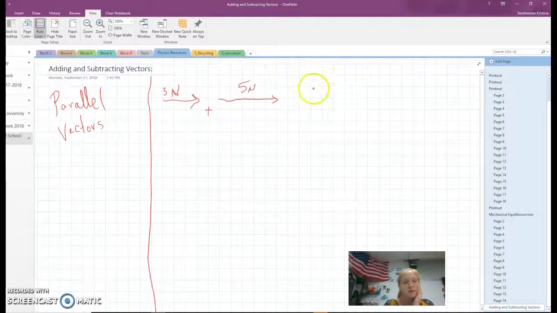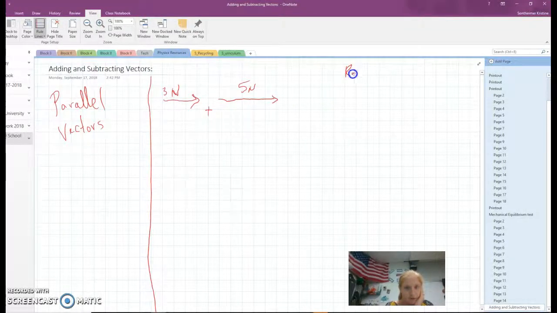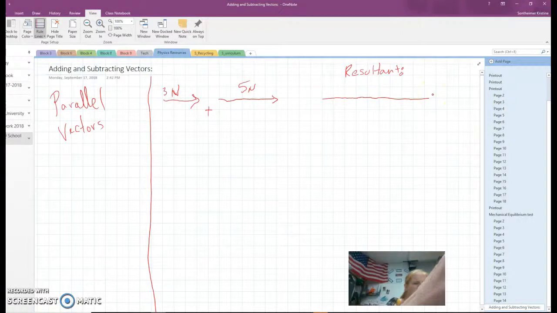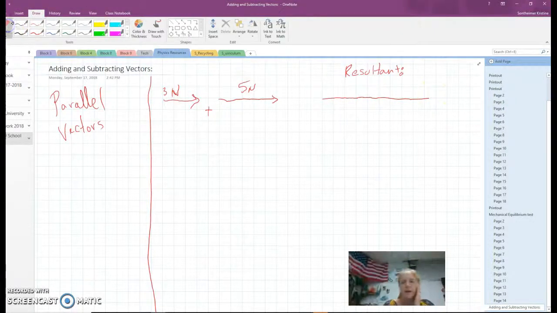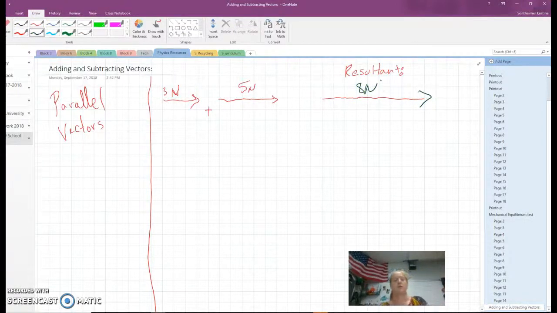So the resultant, which we talked about in some classes, is the answer. I can't add one too many. 8, there we go, is 8 newtons. Also change the color.